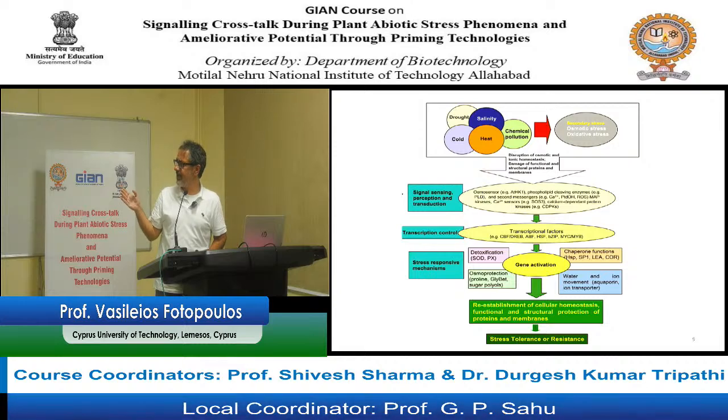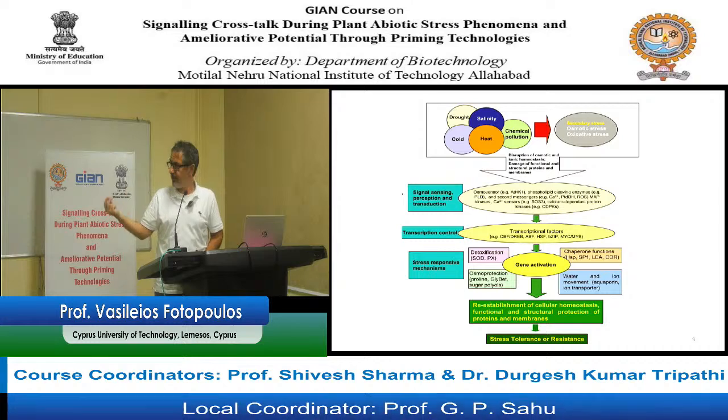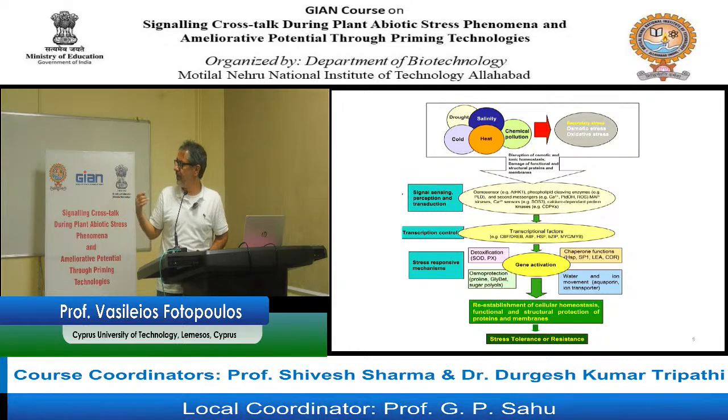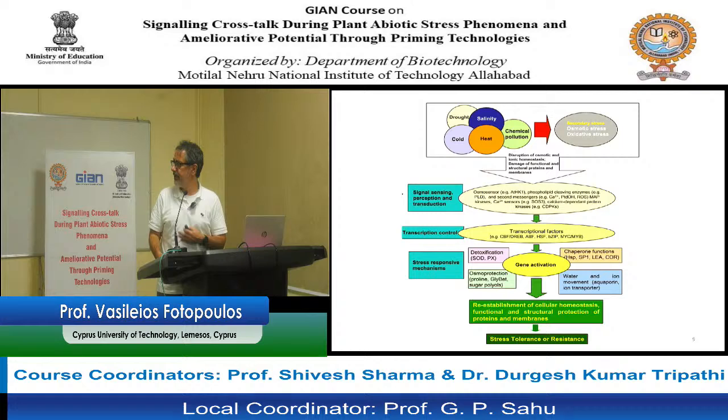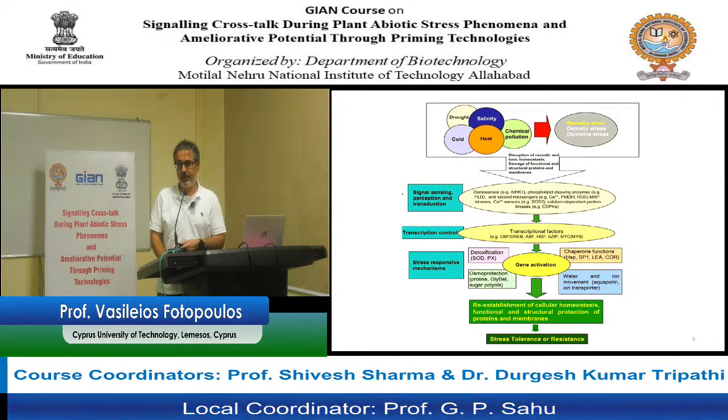So, in this case, we have a great battery, again, of means to sense and perceive this signal. We can have the concept of osmosensors, such as potassium transporters and so on. We have, of course, phospholipid cleaving enzymes, such as phospholipase D. We have secondary messengers, such as the calcium ions that was mentioned before quite correctly, as well as, of course, reactive species.